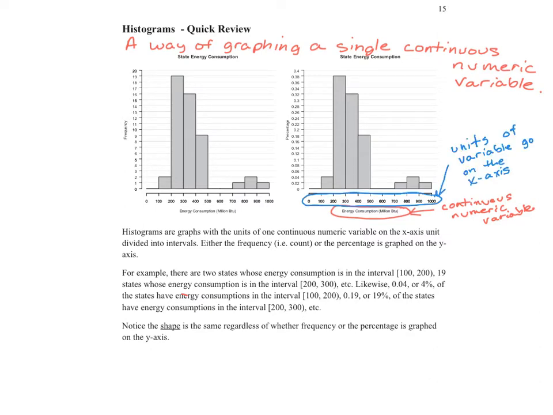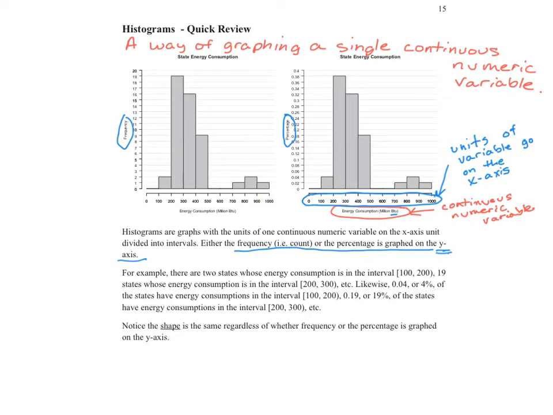The units of the variable, which is in this case BTU, goes on the x-axis. And either frequency or percentage is graphed on the y-axis. The x-axis is broken into intervals that span the range of the data.